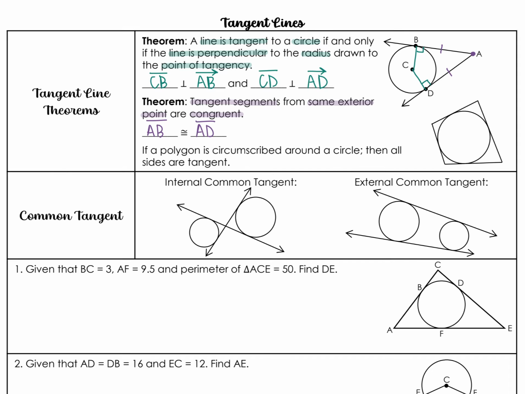And then lastly, we're just going to mention that if a polygon is circumscribed around a circle, then all sides are going to be tangent. And with that being said, we actually can use that theorem from right above as well to state that all of these segments should be congruent to each other.